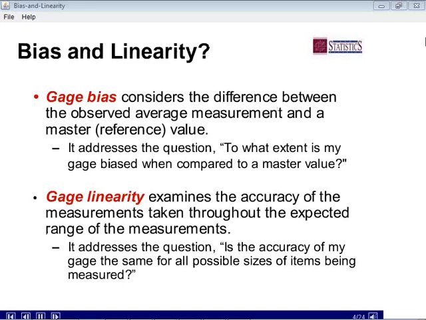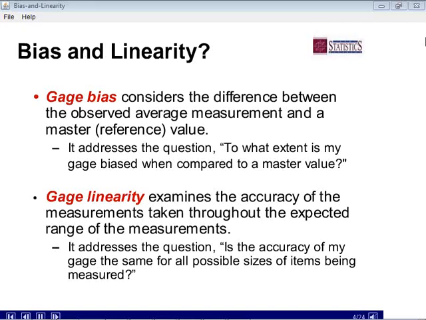So first of all, I want to set out the difference between bias and linearity and the relationships between the two. Bias considers the difference between some observed average measurement that's been taken and a master or reference value that's known for particular parts.